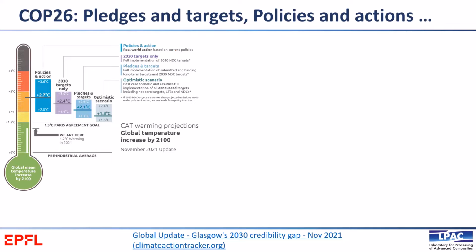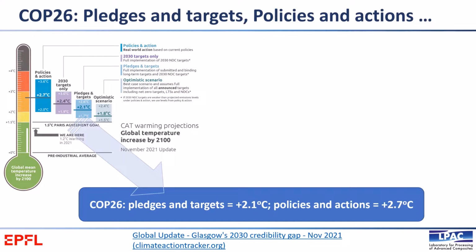COP26, this is another climate action tracker webpage, and what they're doing is they're looking at the difference between policies and actions versus what's actually a target and what's pledged, okay? So this is a current policy. We're actually heading for 2.7 degrees global warming. So we need to have more action behind the pledges, okay?